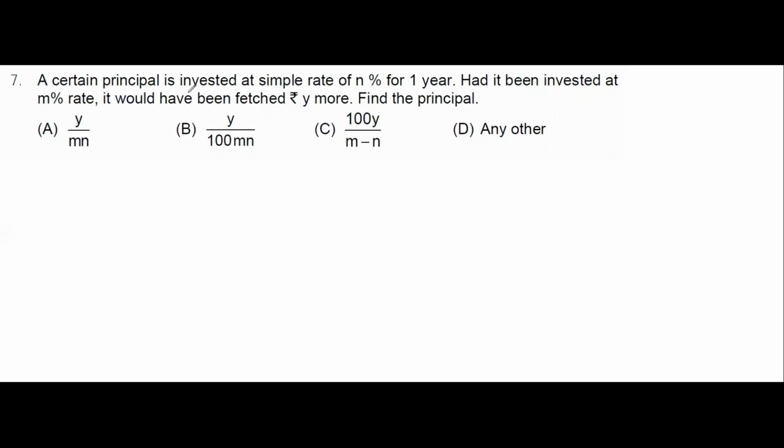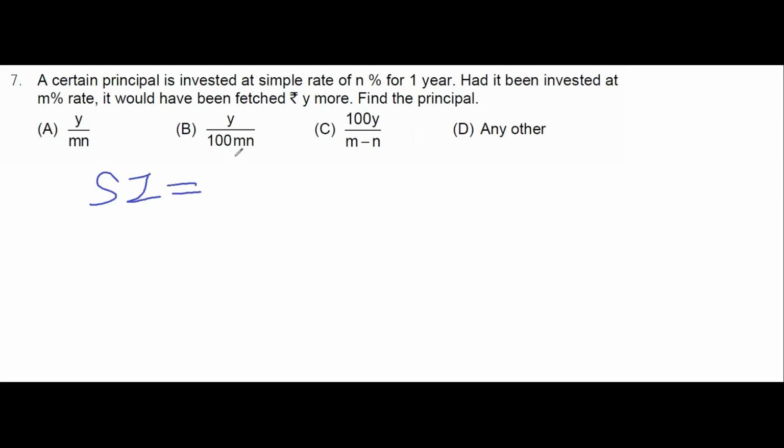Okay, a certain principal is invested at simple interest of n% for 1 year. Had it been invested at m% rate, it would have fetched rupees y more. Find the principal. Here again I am going to apply the same formula. Simple interest is equal to PRT upon 100.